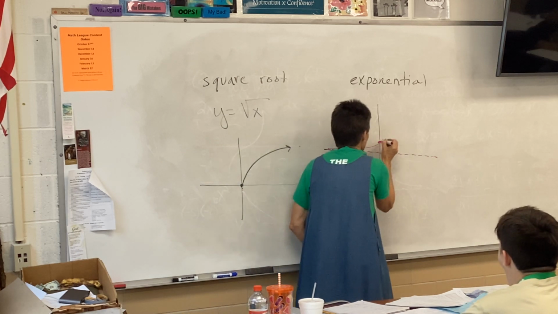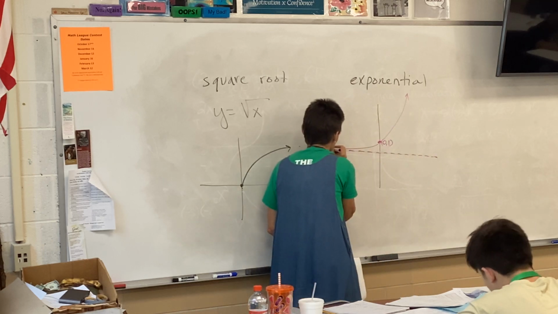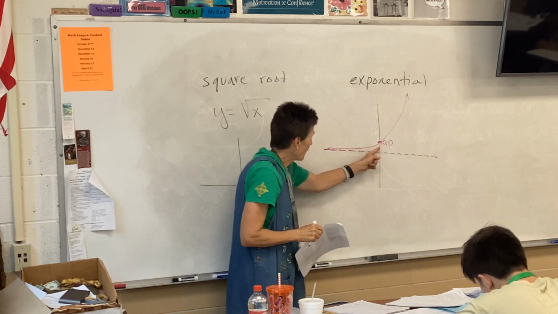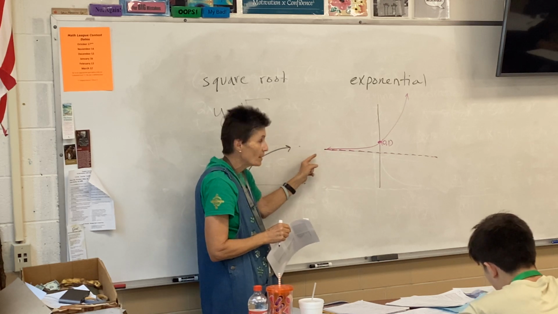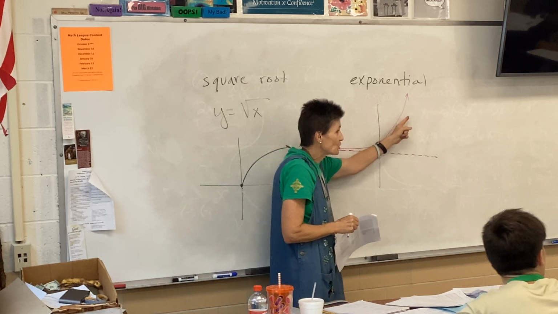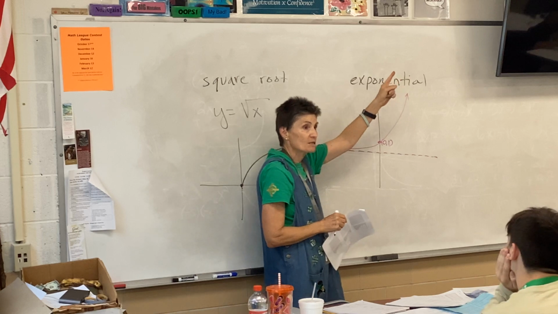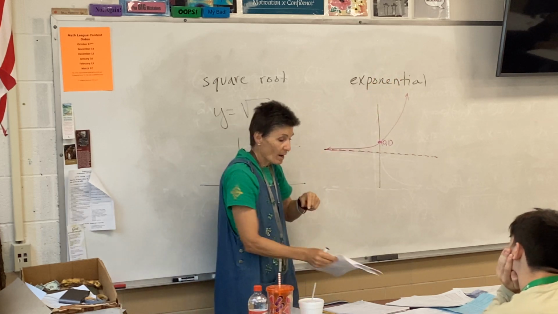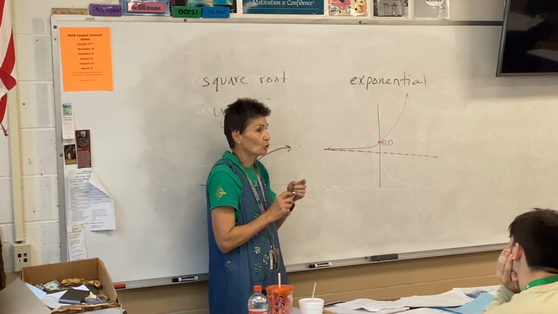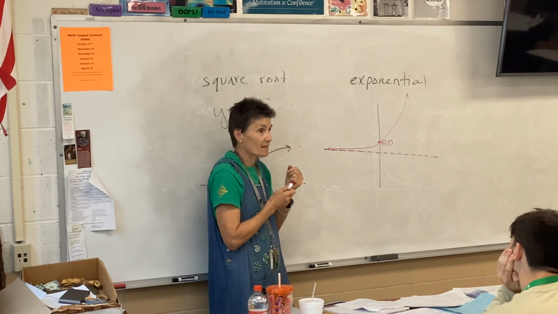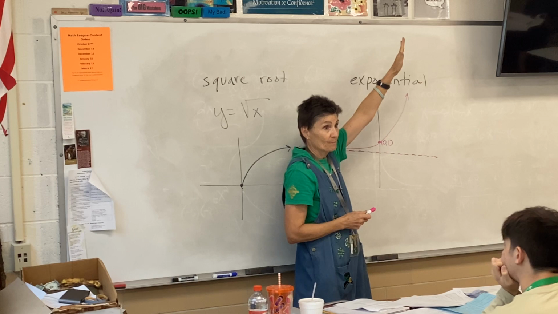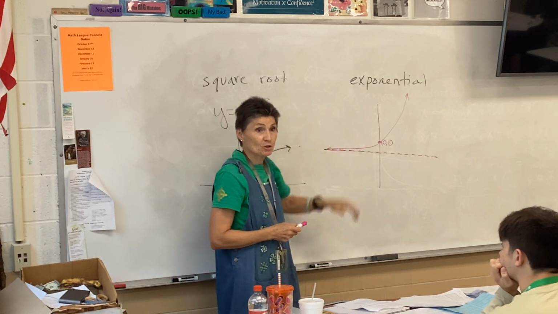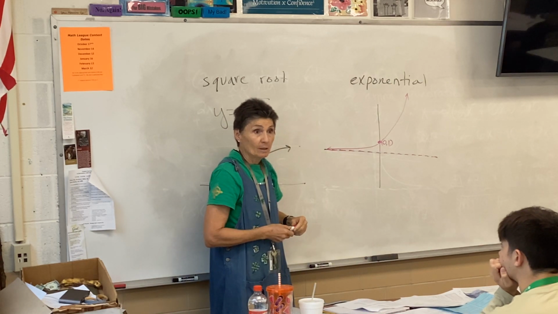And then does this. So this way, it gets closer and closer to that asymptote. But this way, it just shoots up into space. Have you ever heard the term exponential growth? Something is growing exponentially. That means fast. That's the exponential function. Okay?